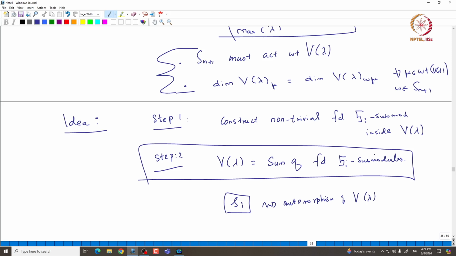Because it is an automorphism, it is going to preserve the dimension. That is the way we prove that the dimension of V lambda mu is the same as the dimension of V lambda w mu. All these things actually require lots of work.